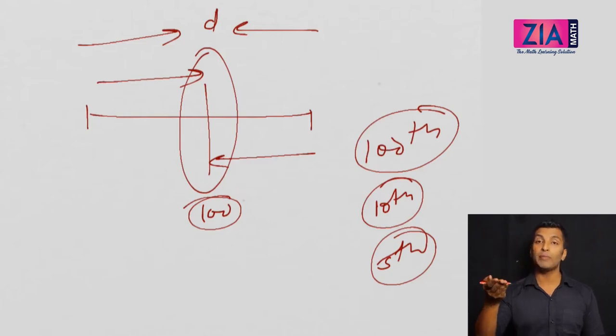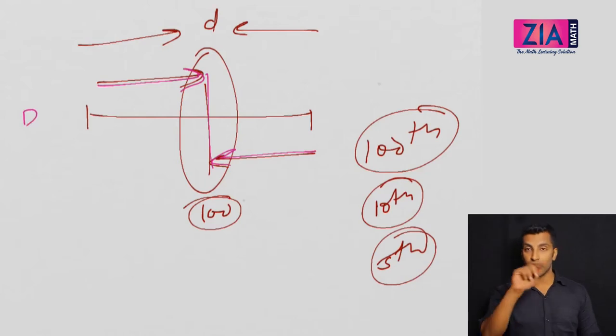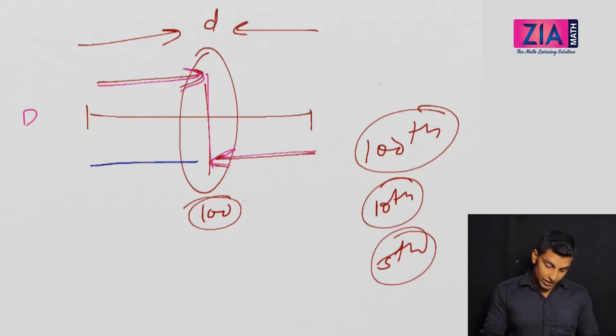So what will happen when they meet for the second time? If you know that, then this question is solved. When you are moving on a linear track like this, one person going like this, another person coming like this, when they meet for the first time, together they covered a total distance D. Now when they meet for the second time, this person will come like this, he will reach here, and this person will also reach here.